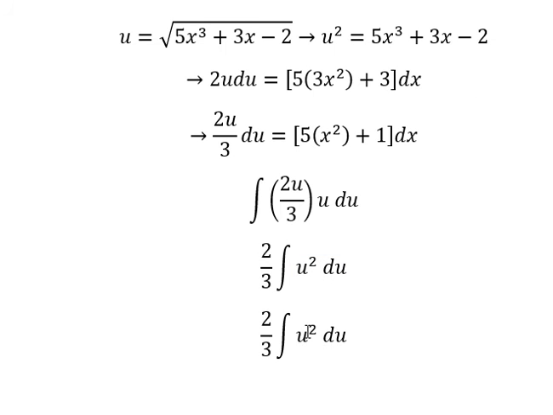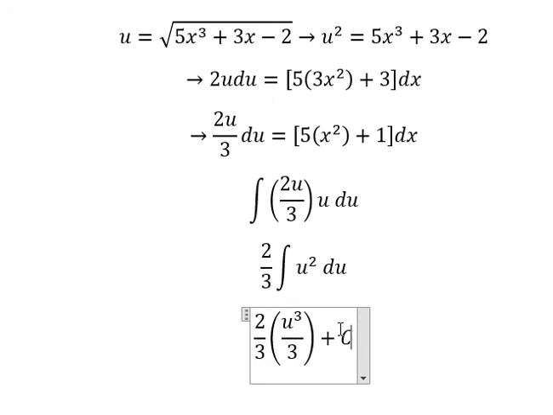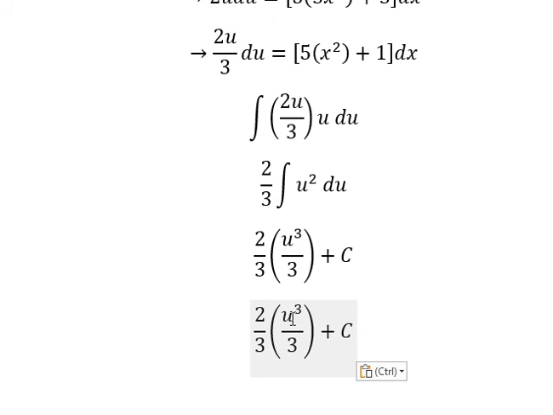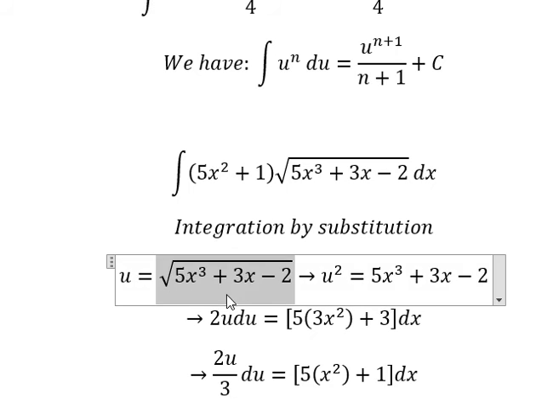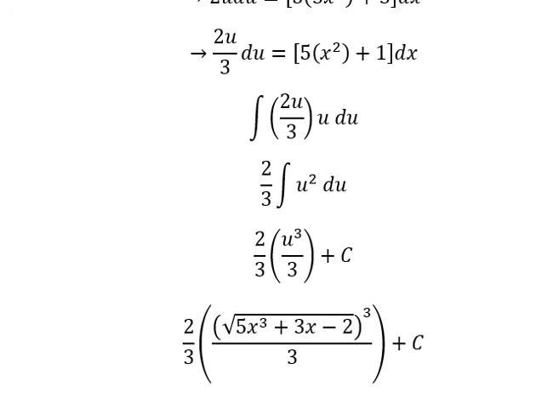The integration of u squared, we have u to the power of 3 over 3, and I will put c. About u, that is this one. And this is the answer for question number 2.